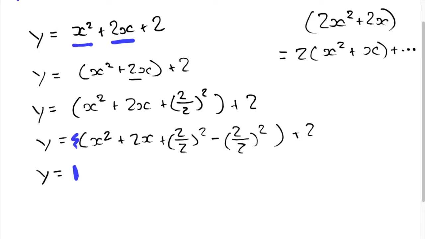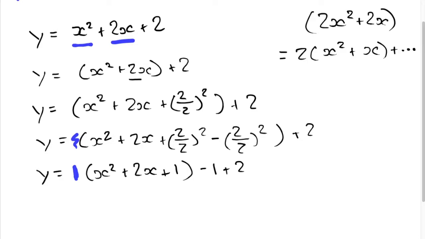But say, for example, if there was a 2 outside the bracket, you'd have to multiply the -1 by 2, and then you'd have to take it out of the bracket. Otherwise, you would not be able to do that. So since there's a 1, I can simply take it out of the bracket and write x squared plus 2x plus 1. I'm just going to write it as 1 right now, because 2 over 2 squared, of course, is 1. And -1 plus 2, right?